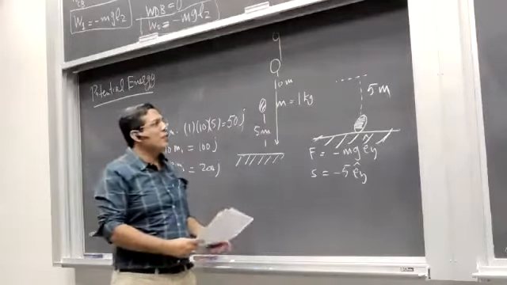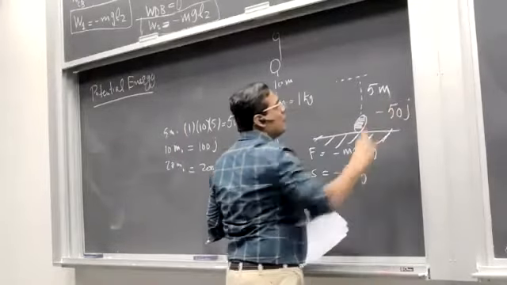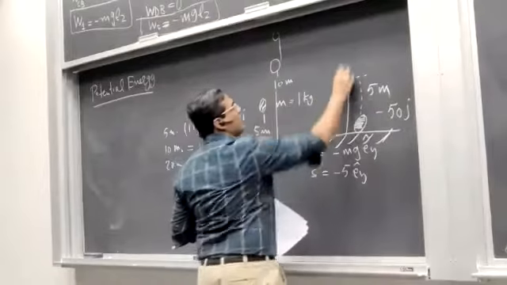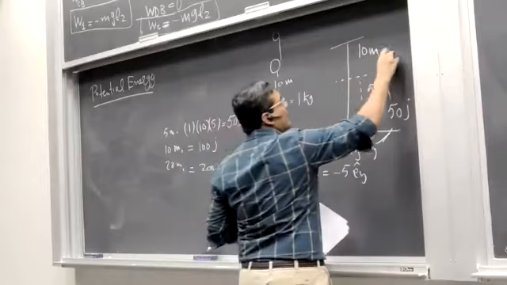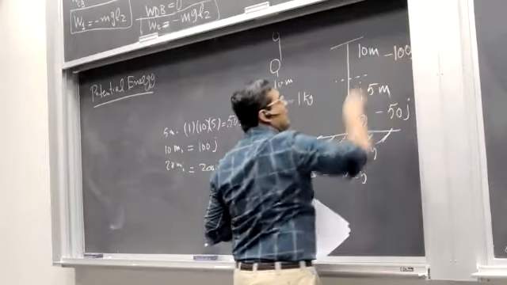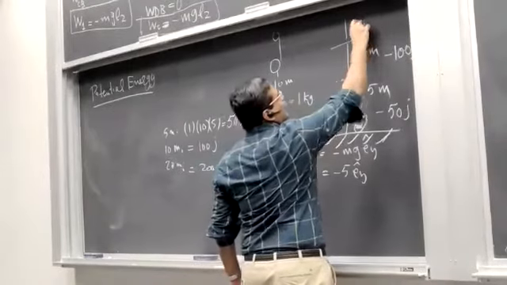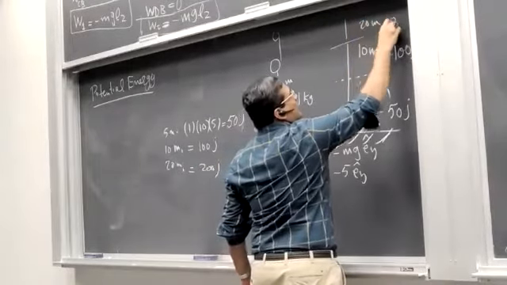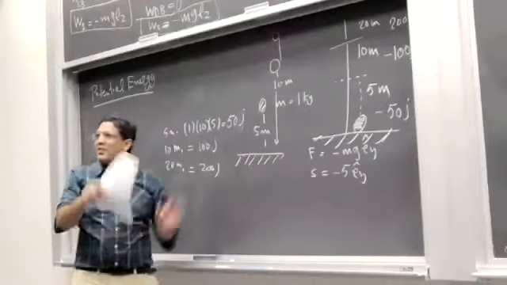So we have to do minus 50 joules. If we want to lift it to 10 meters, then we need to do how much? Minus 100 joules. And if you want to lift it to 20 meters, then you need to do 200 joules.